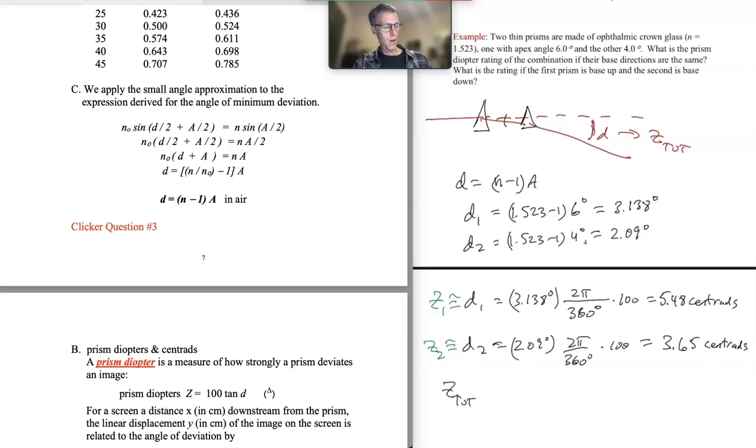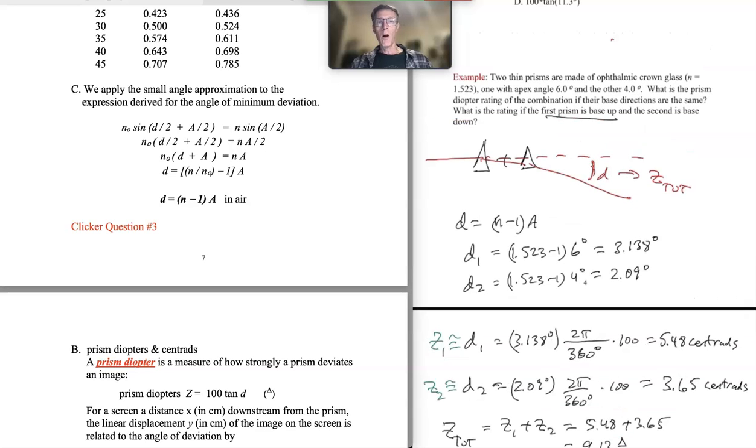So the total prism power of their combination is z1 plus z2, and so that's just going to be 5.48 plus 3.65, and that gets me this result: the total prism power is 9.13, and that would be prism diopters. So it's this little funny symbol here with the prism triangle in it. So 9.13 prism diopters.